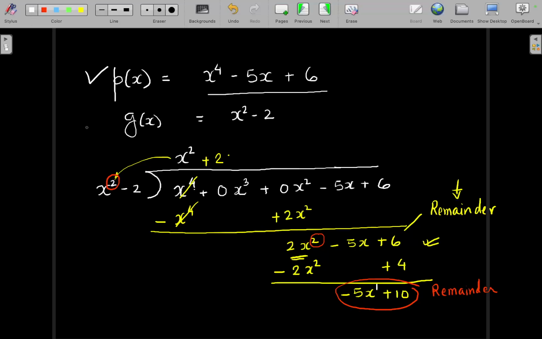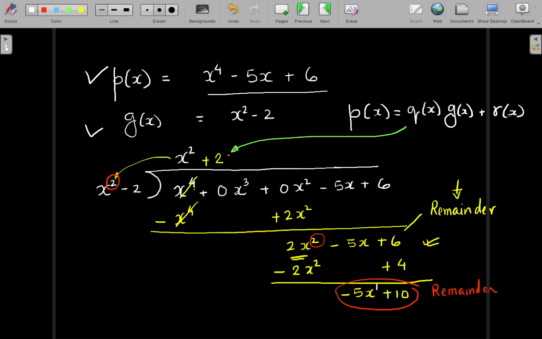So we have p of x, g of x, and the most important thing at this stage is to be able to write it as p of x is equal to quotient, which is a polynomial, quotient polynomial, which you all must be knowing is basically what's on top, multiplied by the divisor, which we have denoted as g of x, which is a polynomial, plus the remainder, which is also a polynomial.